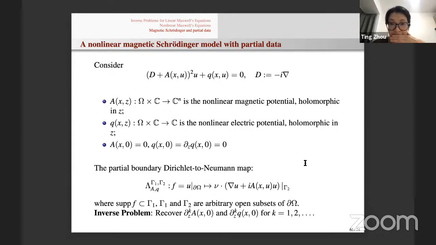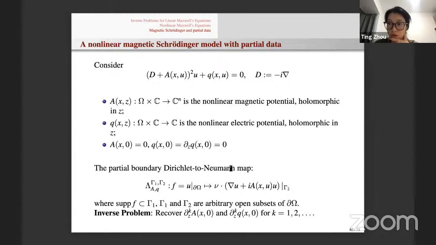Right. I guess there's no special example I'm looking at. If you look at the linear magnetic Schrodinger equation, there are particular one direction Calderon problems for it, the linear ones. That has a physical model, of course, because A here corresponds to the magnetic potential, and I think it's reasonable to assume it is also nonlinear.